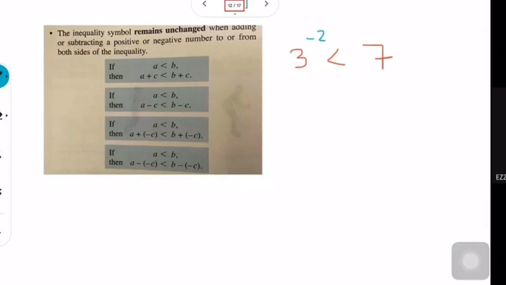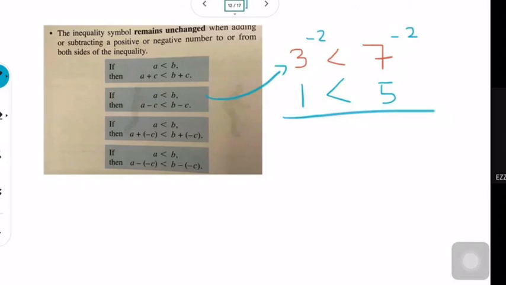Sini pun of course you kena minus 2. Okay, so belah kiri minus 2 jadi 1, belah kanan minus 2 jadi 5, and the relation is still the same in the sense that the value on the left side is less than the value on the right side. Okay, ni cikgu tunjuk contoh tolak kan.